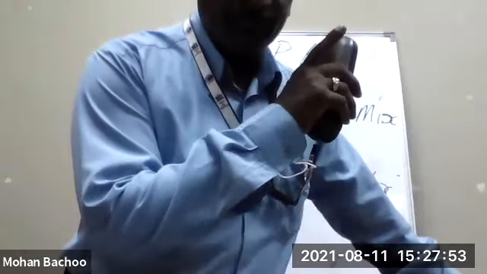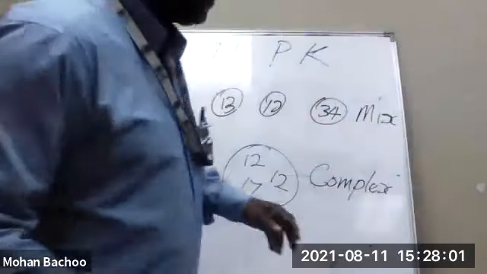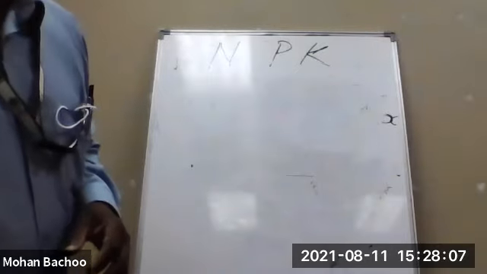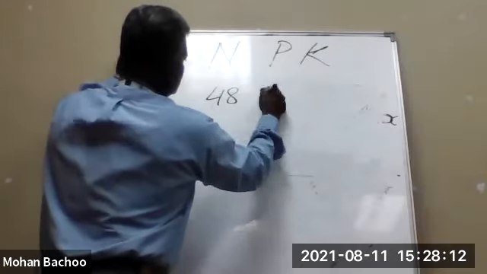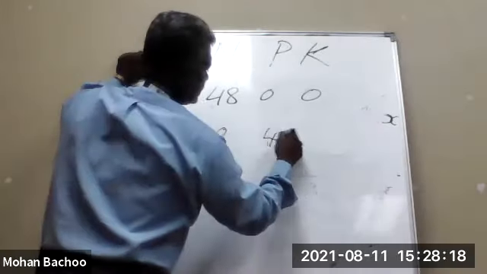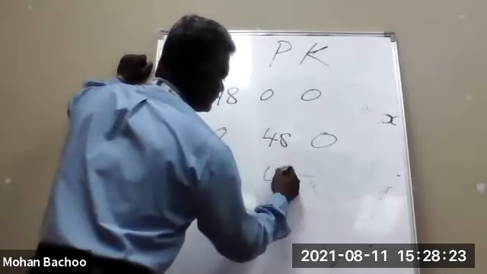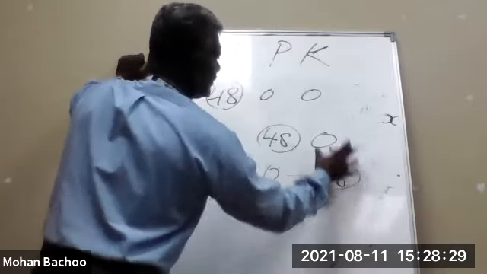The ones like 48-0-0, 0-48-0 and 0-0-48 are referred to as straight fertilizers. I'll write it up here so you can get an understanding. 48-0-0 has only nitrogen and nothing else. 0-48-0 carries only phosphorus and nothing but that. 0-0-48 carries only potassium and nothing else.